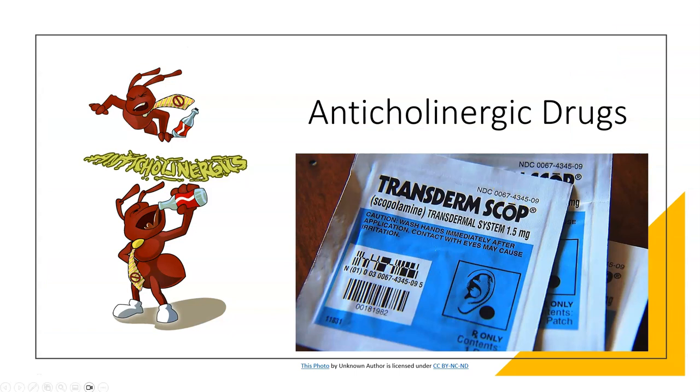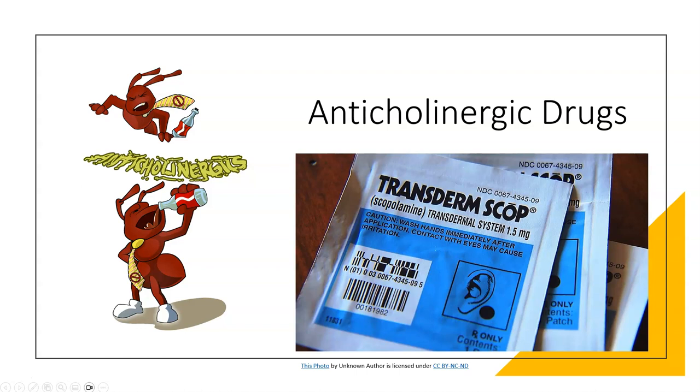The first class of drugs, pharmaceutical class, are anticholinergic drugs. I love these little images, I got these from Picmonic. So acetylcholine is a neurotransmitter. These are going to block that. It helps with nausea and vomiting.